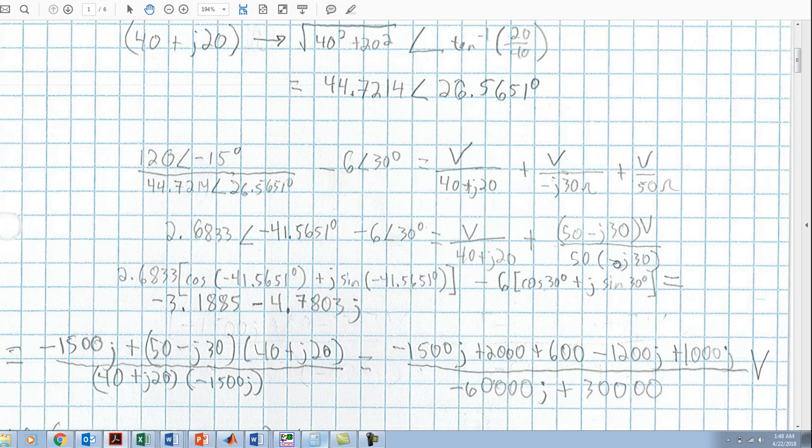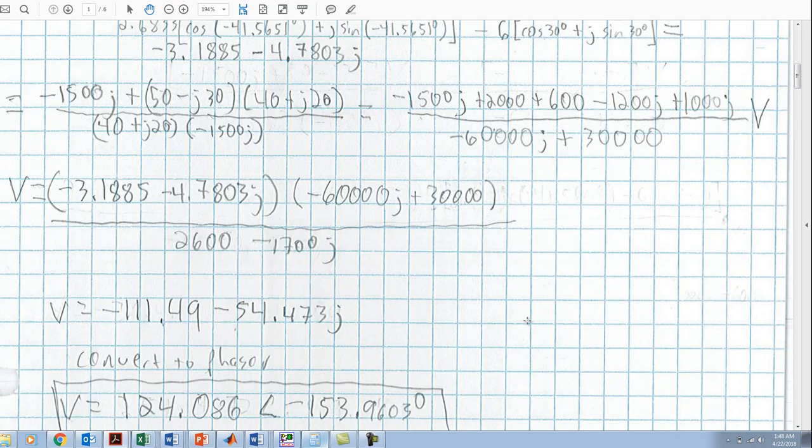So there is the common denominator there. And then we can go ahead and combine that with the 40 plus j20 that we have right there. And so here we get the right hand side with proper common denominators, and then we expand that on out, go ahead and multiply these complex pairs together.